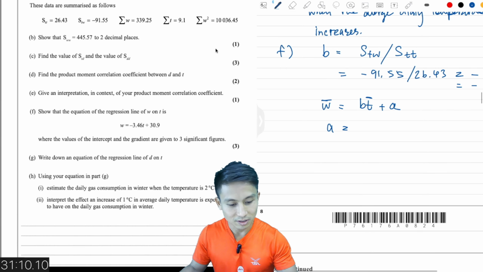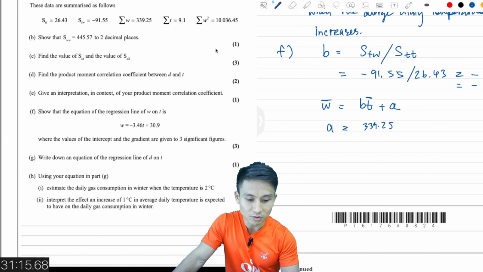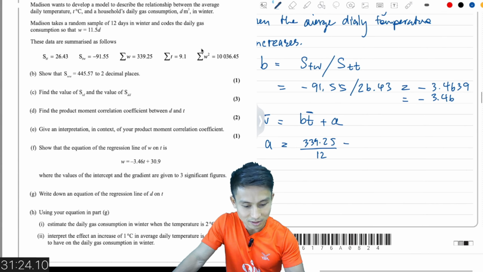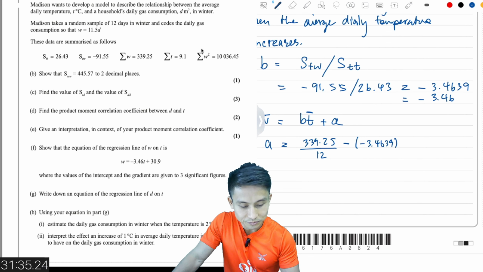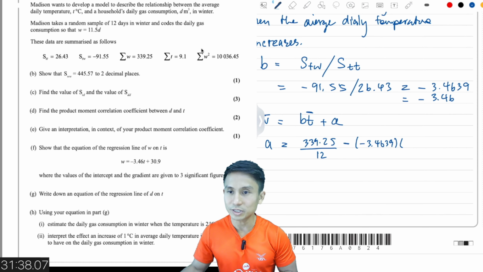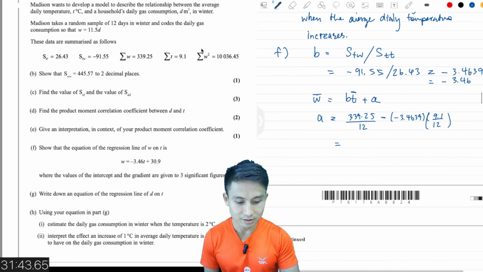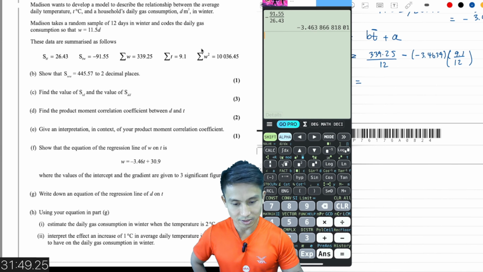So W bar is 339.25 divided by 12, the sum of W divided by n, which is 12 days. Then minus B, which is minus 3.4639, times T bar, which is 9.1 divided by 12.